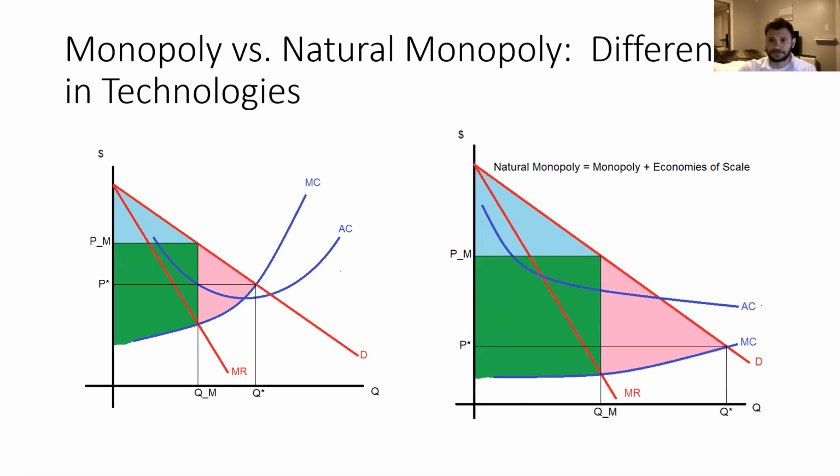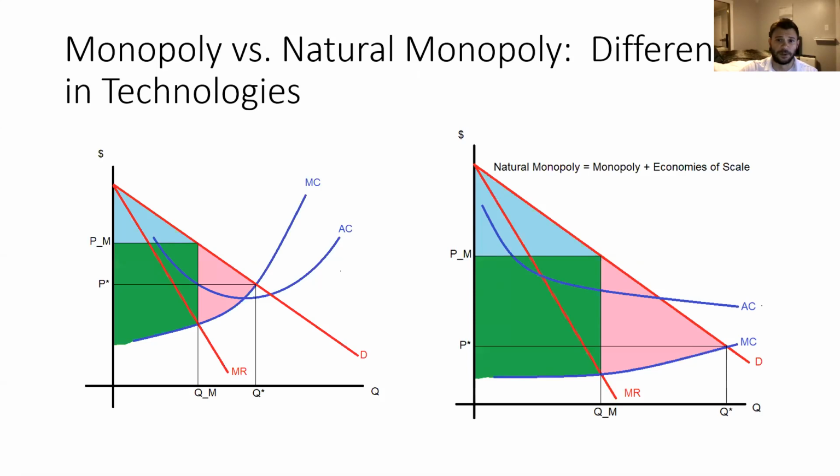Now, there's an important trade-off that we face when we try to regulate a natural monopolist that is really absent when thinking about regulating a monopolist that does not face economies of scale in production. So I want to take a minute and illustrate the complexity of this problem that we're facing with this trade-off.